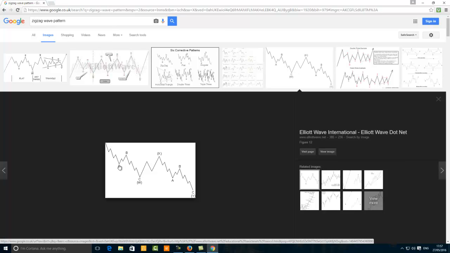The A is subdivided into 5 monowaves, the B into 3 monowaves, and the C part of the zigzag pattern also into 5 monowaves. So the internal waves of the zigzag pattern are 1, 2, 3, 4, 5, 1, 2, 3, 1, 2, 3, 4, 5.